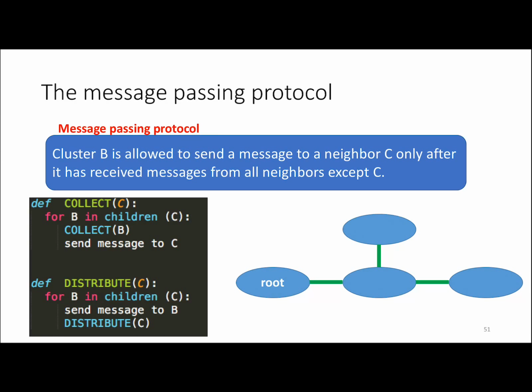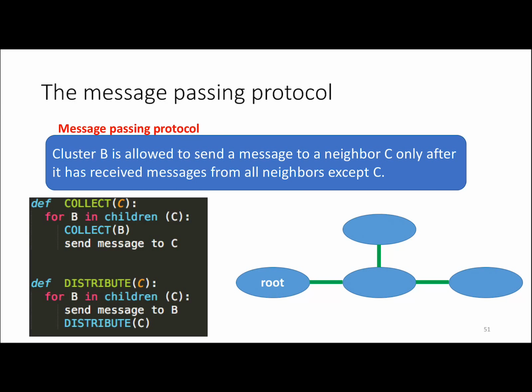There are two basic routines. You first choose one of these clusters as the root and invoke a function, let's call it collect. The collect says: I'm the root and I need all of the messages from my children.